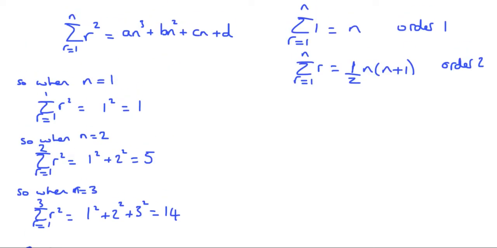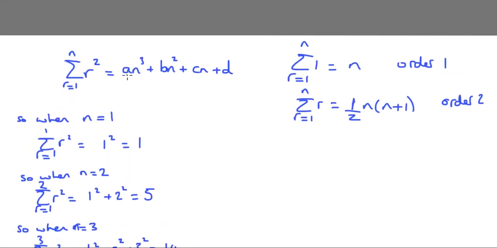If we link that to this equation as well, for each of these, when n is 1 we're just going to have a plus b plus c plus d. That's a times 1 cubed plus b times 1 squared plus c times 1 plus d, which equals a plus b plus c plus d.